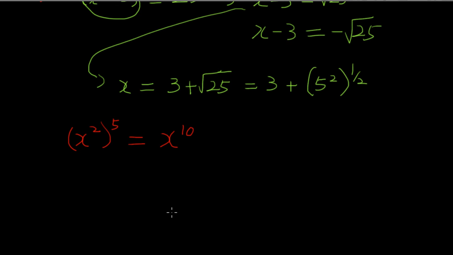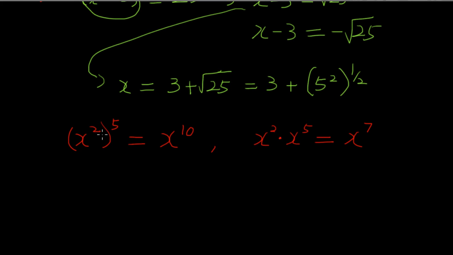So this should be x to the 10. When do we add then? Well, that's when you actually have x squared times x to the 5. Same base, different exponent. What do we do with this? Then you add, this becomes 7.